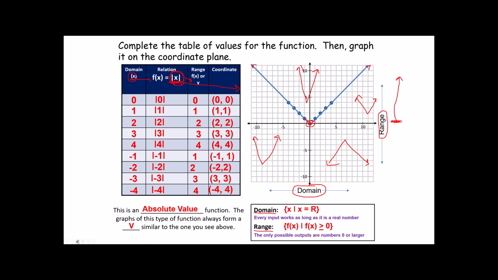Now, let me go ahead and erase some of this ink. And let's talk a little more about this. We want to focus on some key features of this particular graph. Do you see anything that's interesting? Hopefully, if you already watched the video on quadratic functions, you recognize that this particular function also has a line of symmetry through the middle.